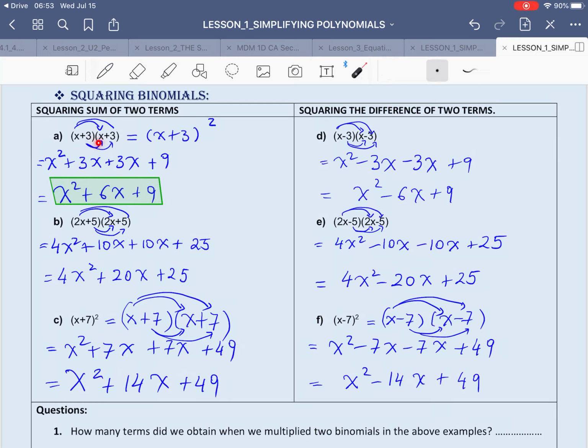So now that we know this, we're going to expand binomials to the power of 2 faster. So we're going to say x plus 4 squared is the first term squared plus twice the product of the first with the second plus the last term squared. So that's x squared plus 8x plus 16. Next question.